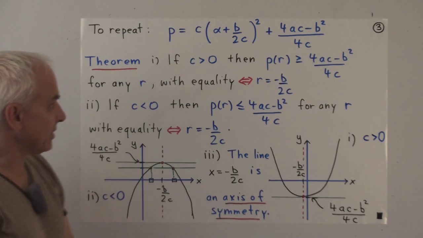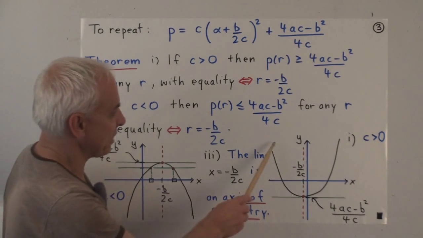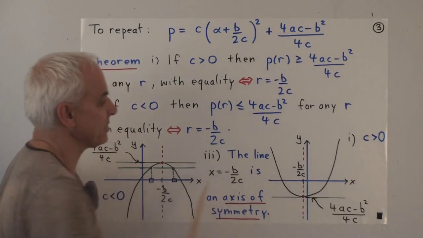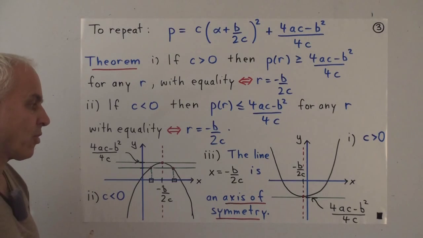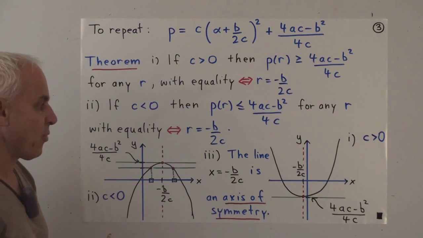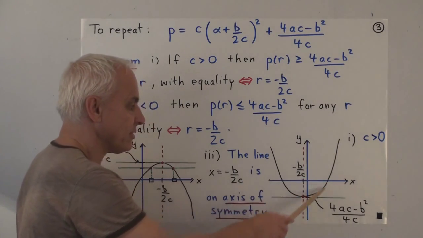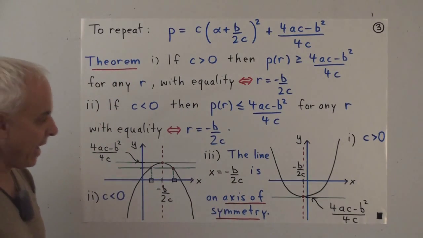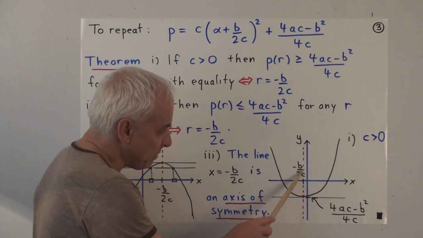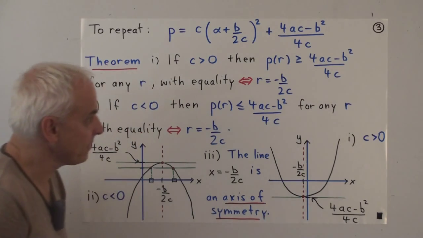That's illustrated by this picture here. Okay, so here's a picture of such a quadratic polynomial where c is positive. So it opens up like this. We say it's a parabola opening upwards. And here is the value minus b over 2c.